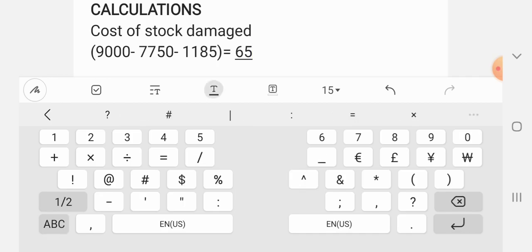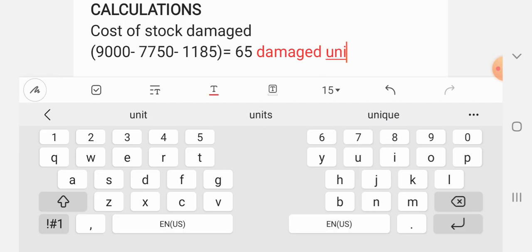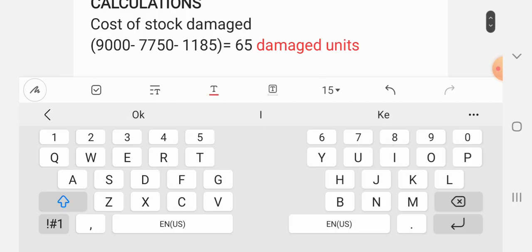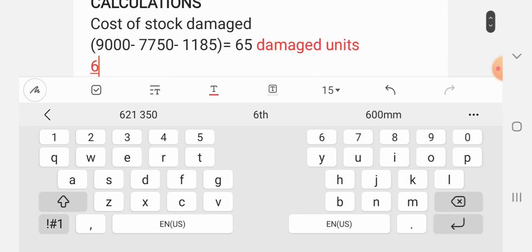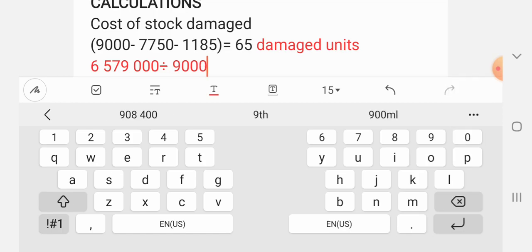So this 65 units is damaged units. And then to have its value, we'll take the 6,579,000 and divide that by 9,000, and that is going to give us 731.